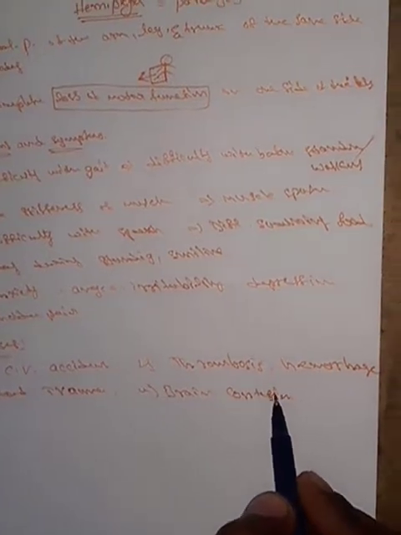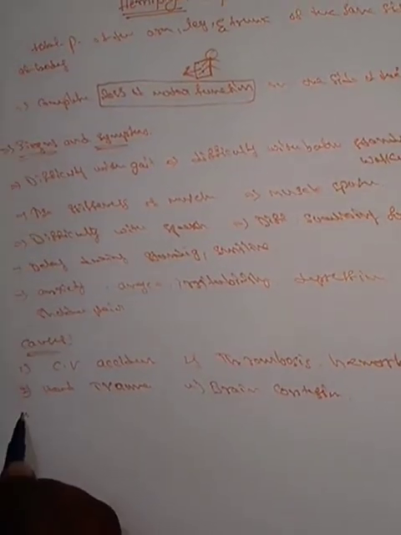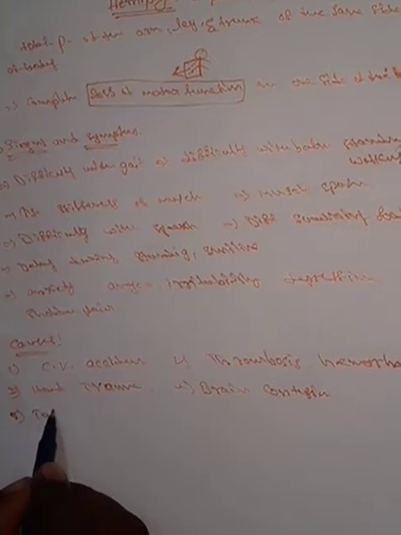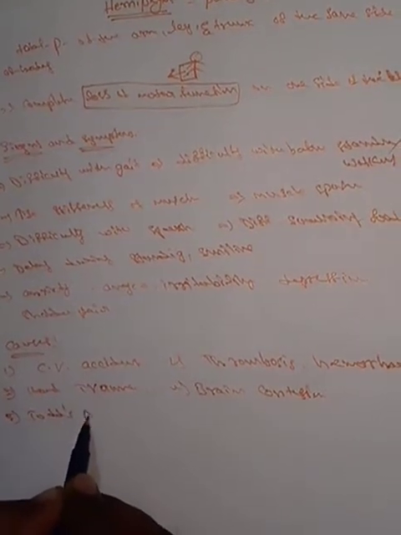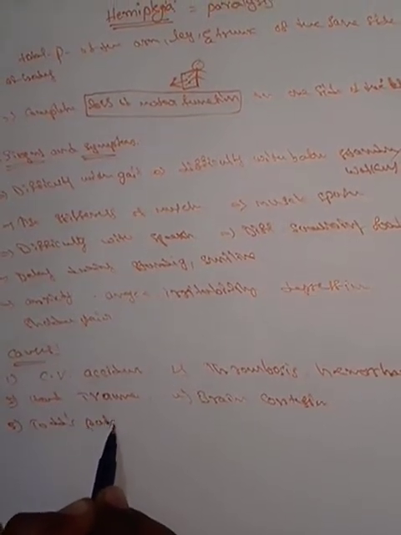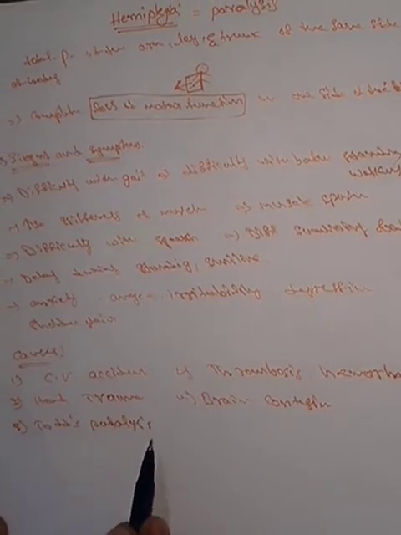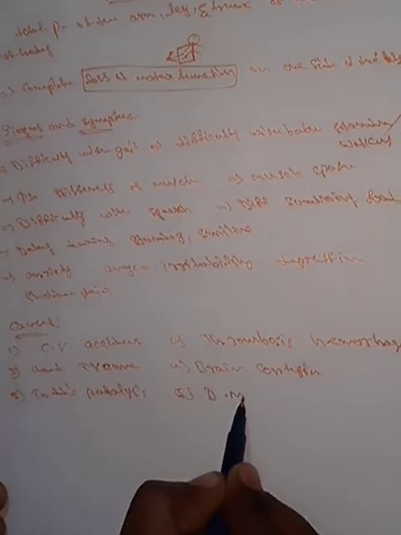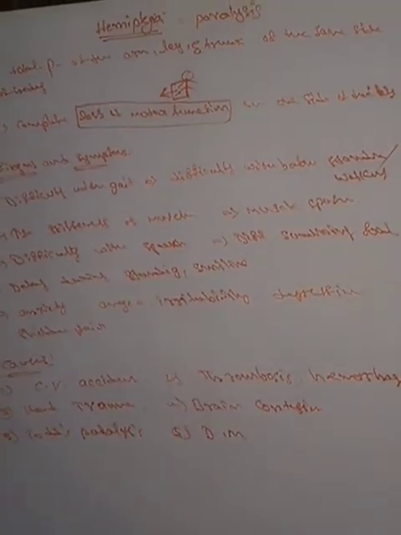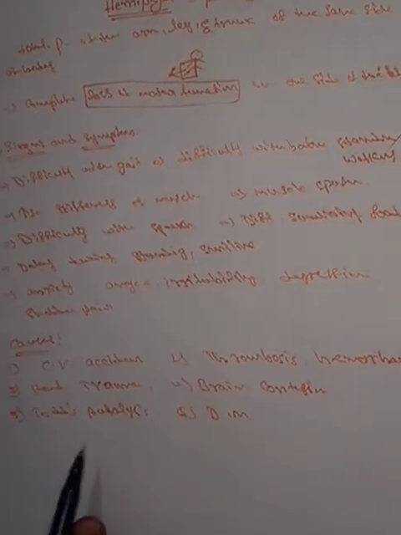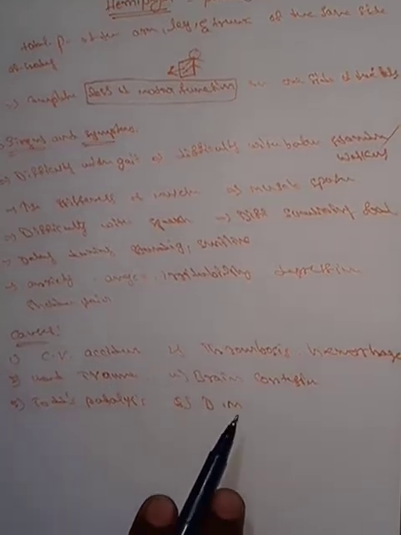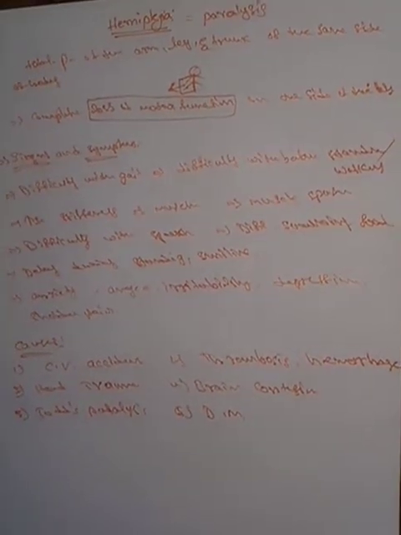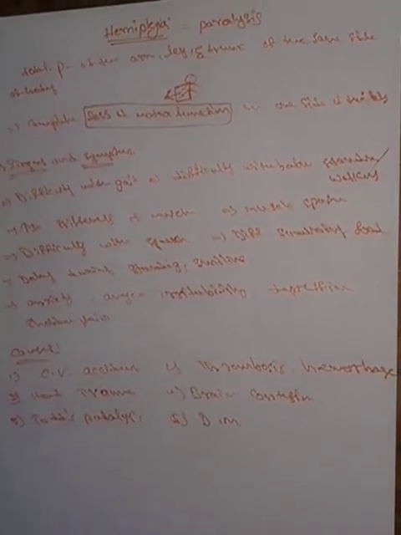The next one is Todd's paralysis, and diabetes mellitus. So the causes include diabetes mellitus, Todd's paralysis, head trauma, brain contusion, thrombosis, hemorrhage, and cerebrovascular accidents.